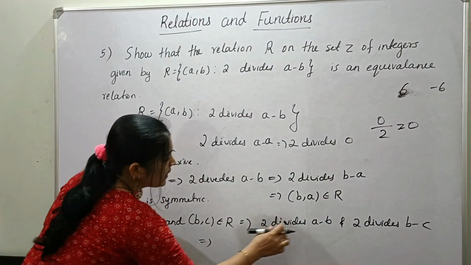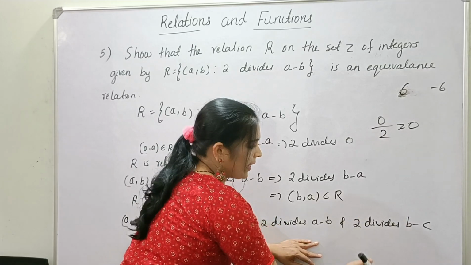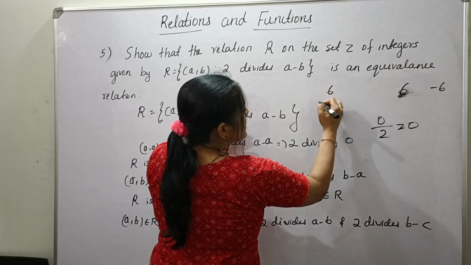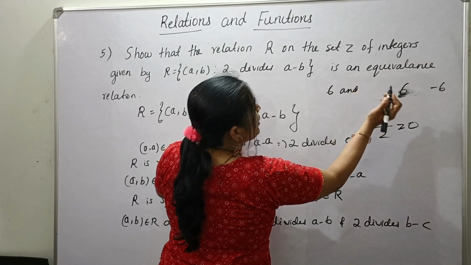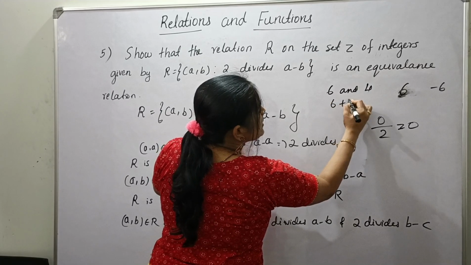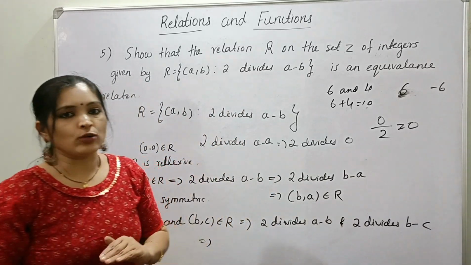That implies, see here, 2 divides a minus b and 2 divides b minus c. If 2 divides 6 and 2 divides 4, then we can say 2 divides 6 plus 4, that is 10, and 2 divides 10 also.